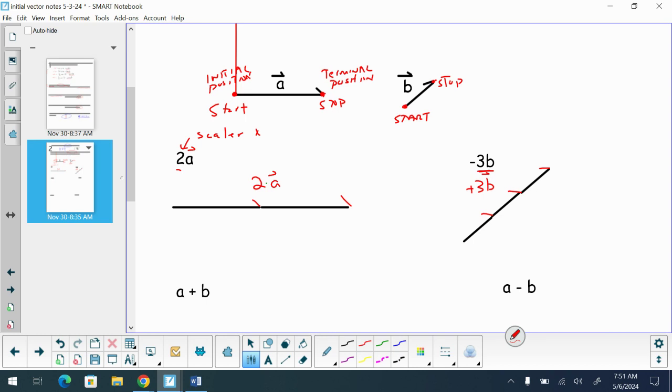So -3b is the opposite of 3b. If we go upwards to the right for positive 3b, what's the opposite of that? Downwards to the left.